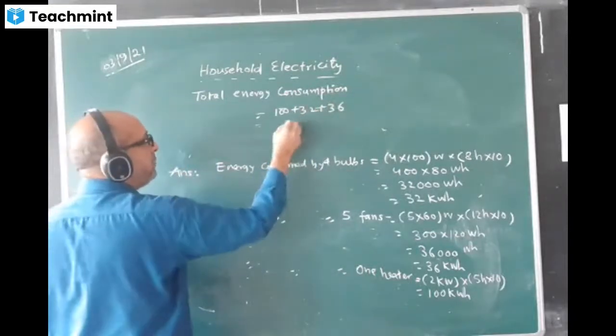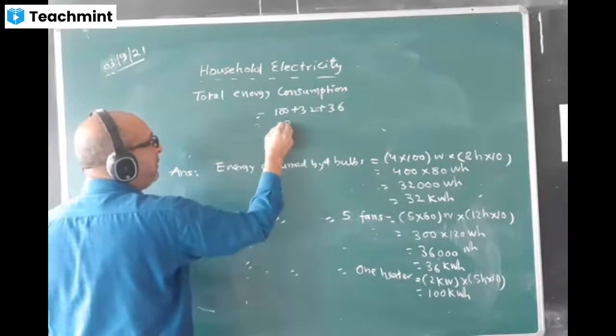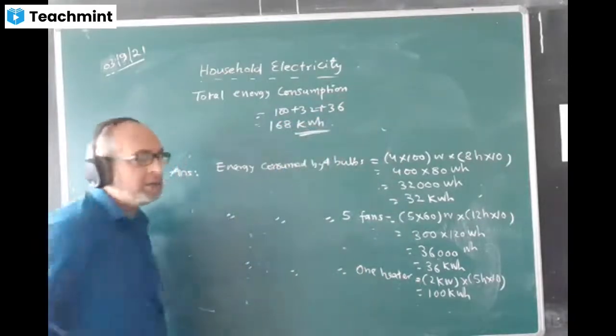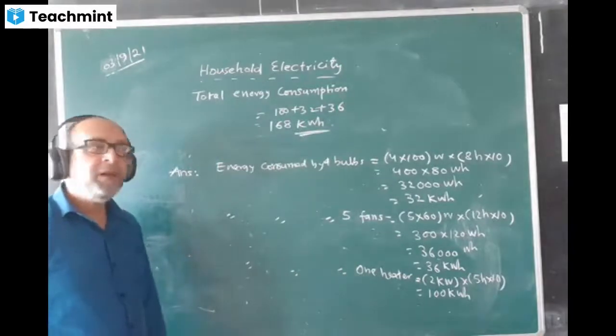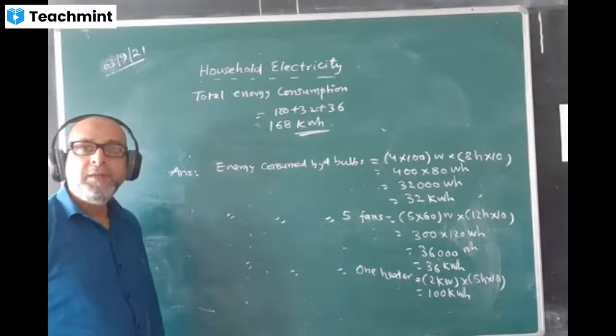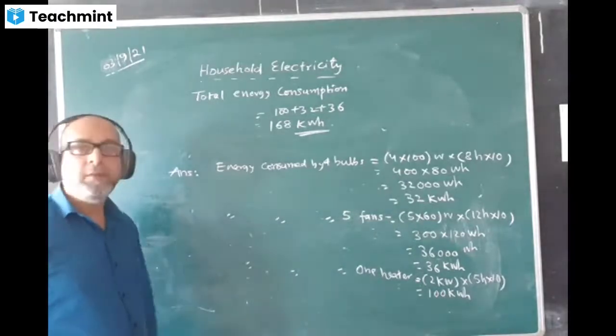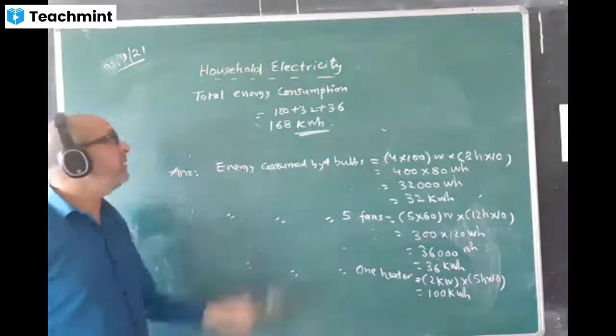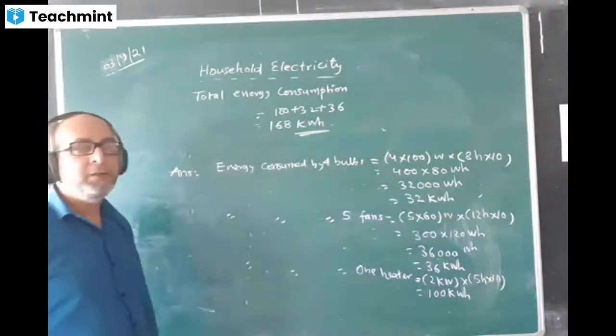Total comes to 168 kilowatt hour. That's the answer. And if they give the rate, then you multiply by the rate and you can calculate the amount of the electricity bill. Just now, in the question, you have to find only the total energy consumption.